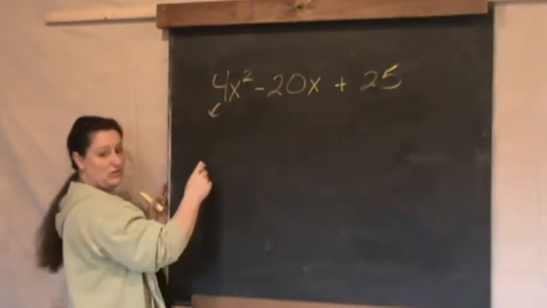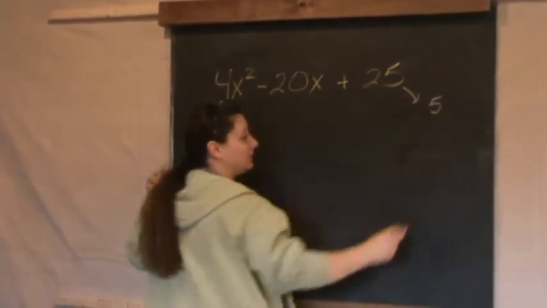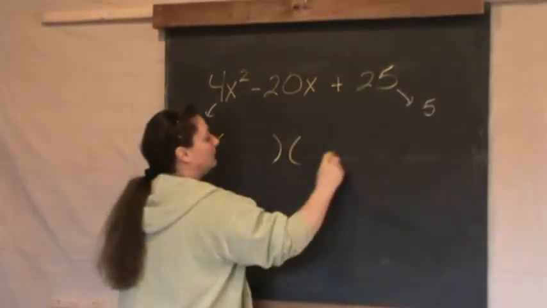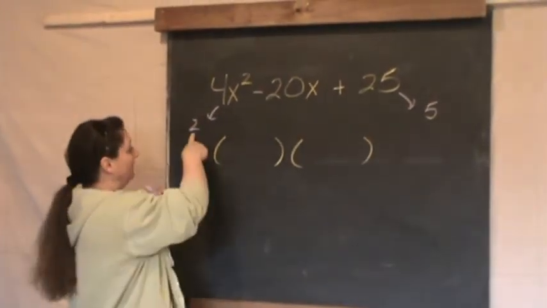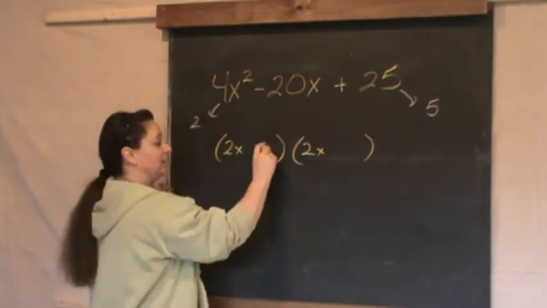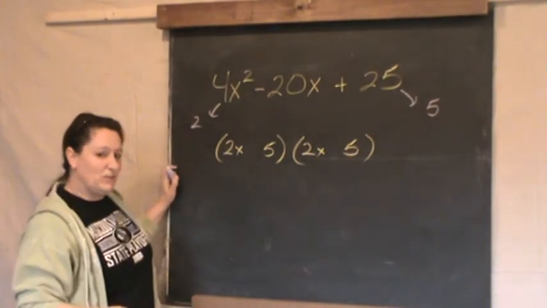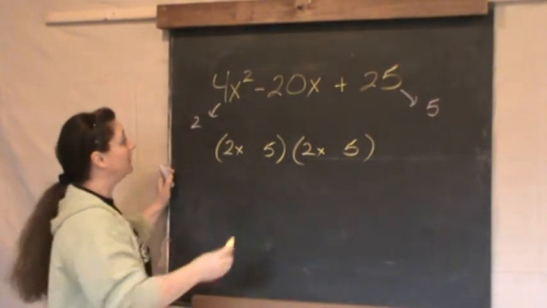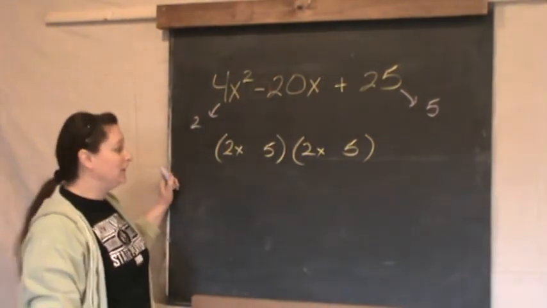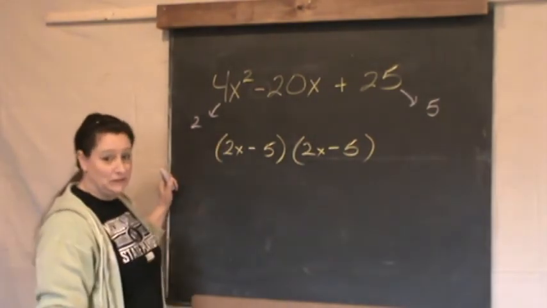4, perfect square. 25, perfect square. Both ends are perfect squares. So let's see if that's what's going to do it. 2x, 2x, 5, 5. Now here's where this one's a little different than the previous two. I need a minus 20 in the middle. That means both of these have to be subtraction.